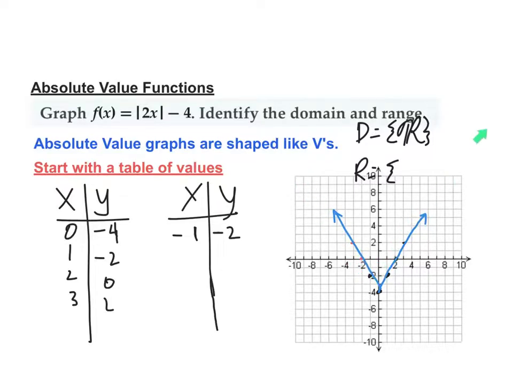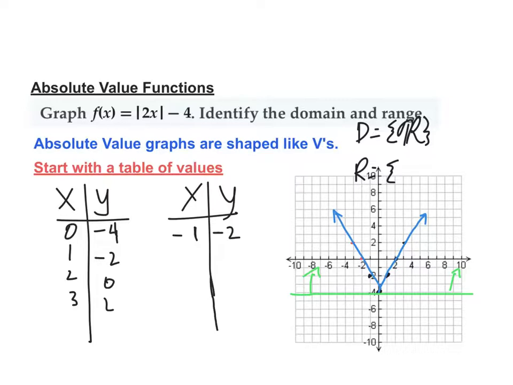It's going to go up forever and ever. But if you notice here, there is a bottom boundary, right? None of the graph ever goes below this point. The entire graph is bounded at this line right here. And all the values above for y will be on this graph somewhere, okay?